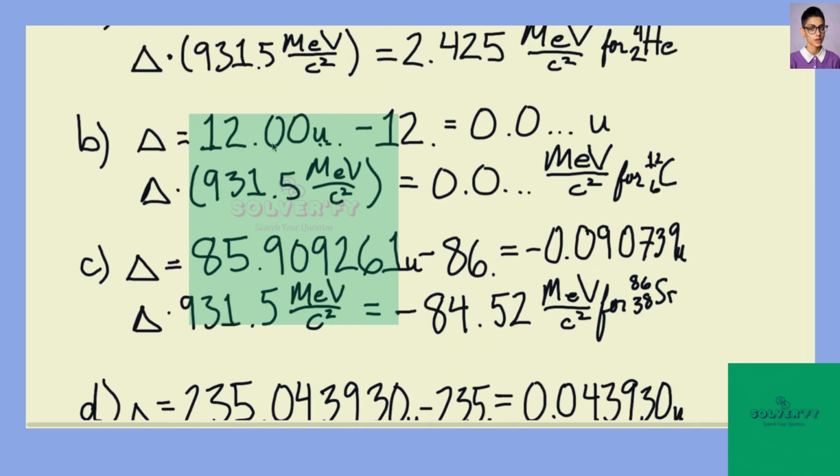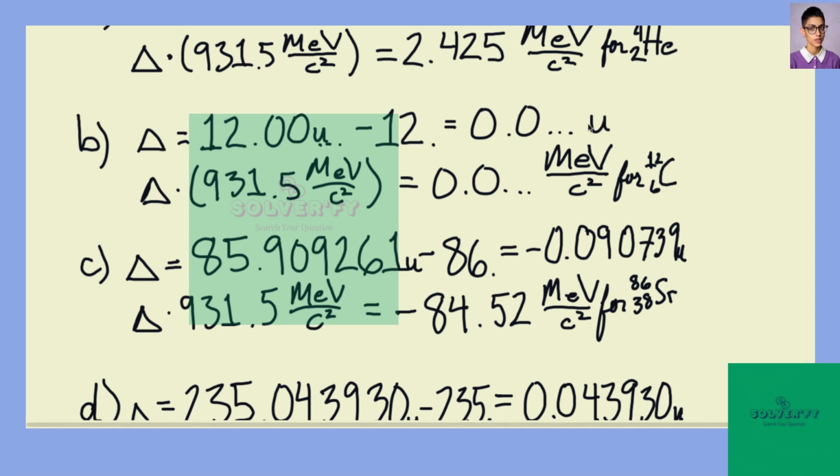Continue on to carbon. Notice that carbon's mass in atomic mass units is exactly 12. It's the reference point for the table. I'm going to subtract again using the same process the atomic mass number of carbon-12, which is 12. We end up with 0.000 atomic mass units.